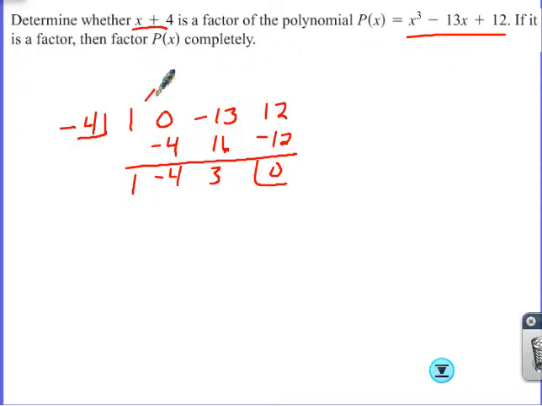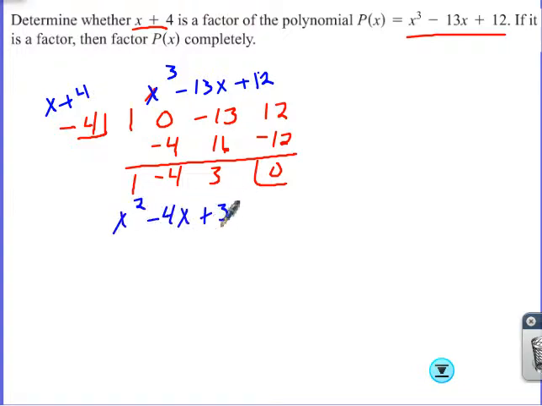I just divided, let me write it in blue, I just divided x to the third minus 13x plus 12. I divided that by x plus 4, and I got x squared minus 4x plus 3.